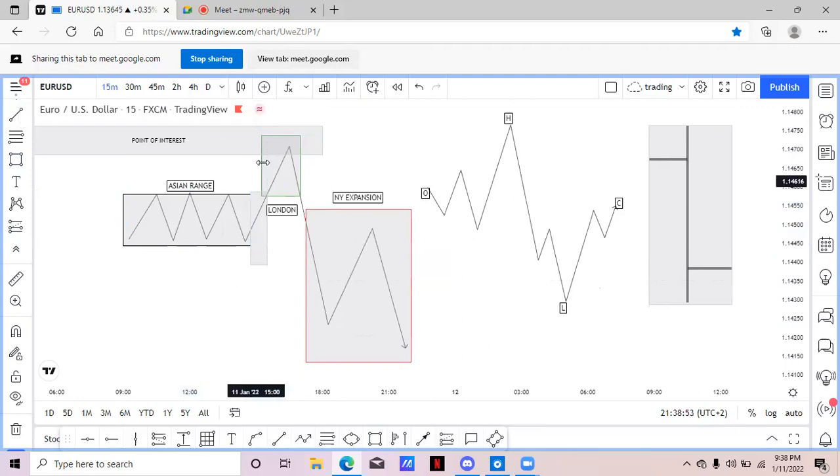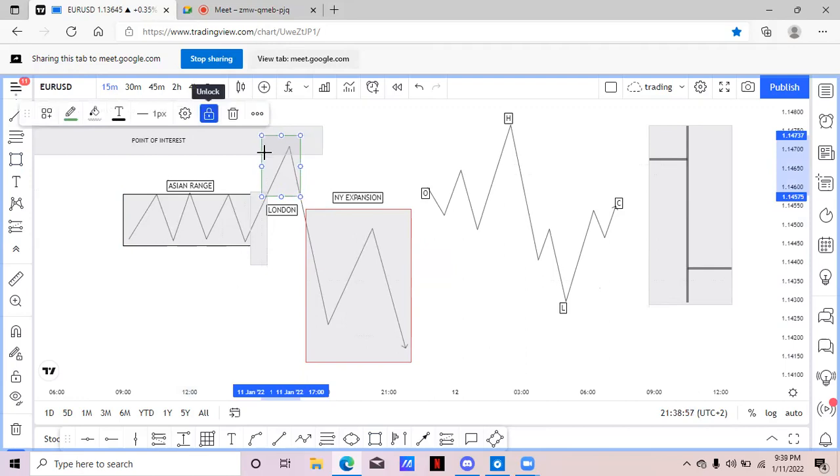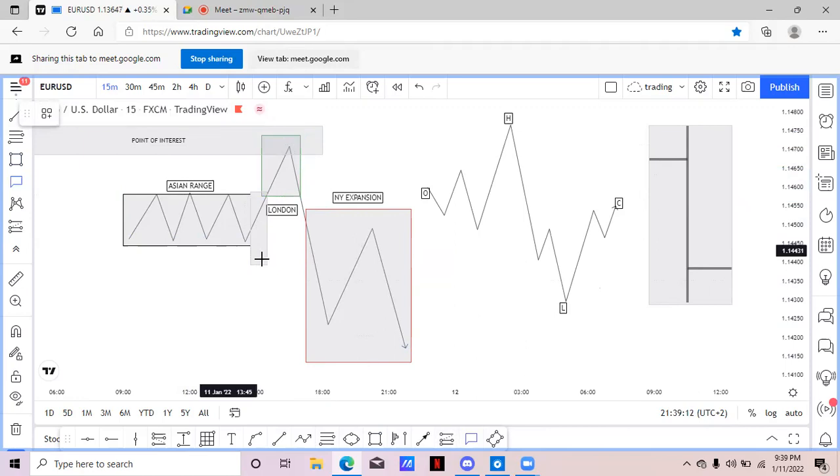You get a point. And then the London session opens at 9 a.m. South African time. So in the hour from 8 o'clock to 9 o'clock, we have the Frankfurt session. You get a point.